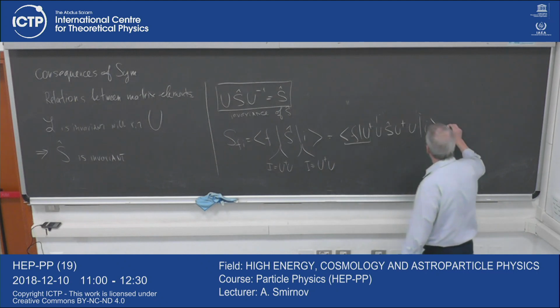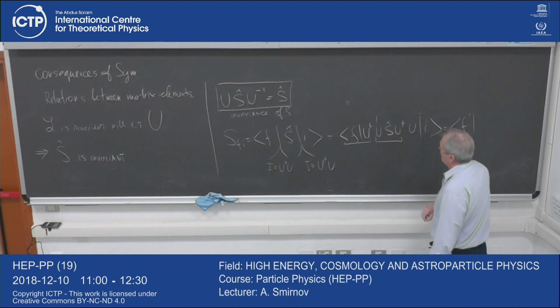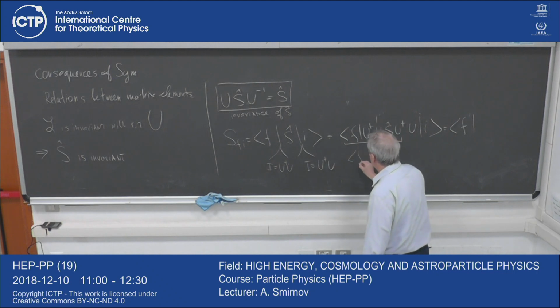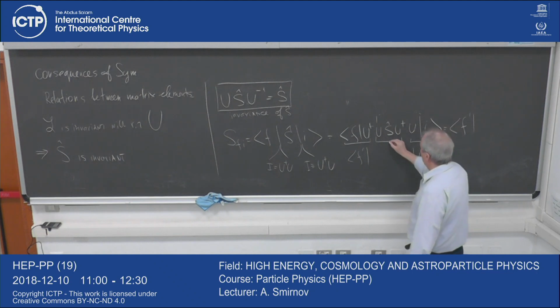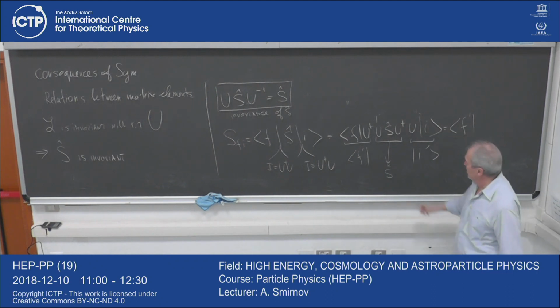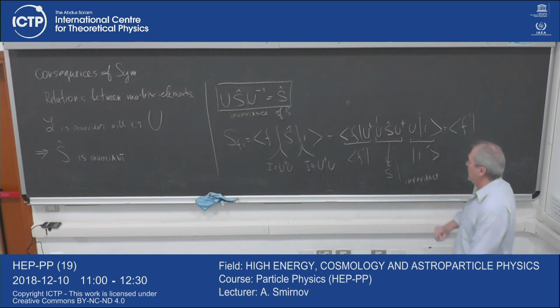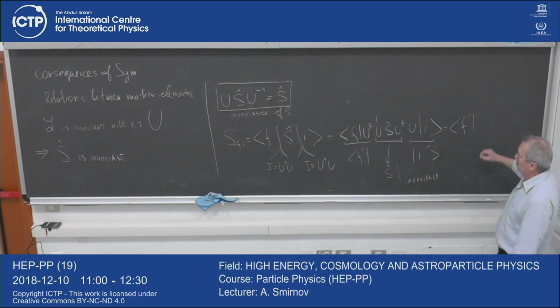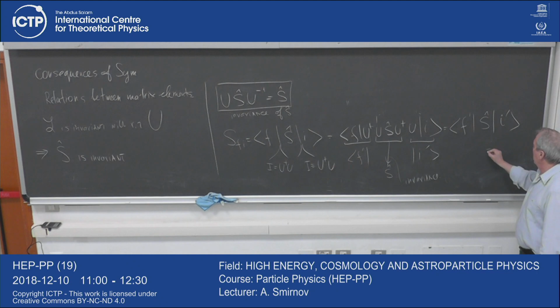And then what is here can be written as F prime. So here is I prime. And now this, if I have invariance, is S. Right? This is invariance. So if S is invariant, then my original matrix element is reduced to this expression, S between F prime and I prime.